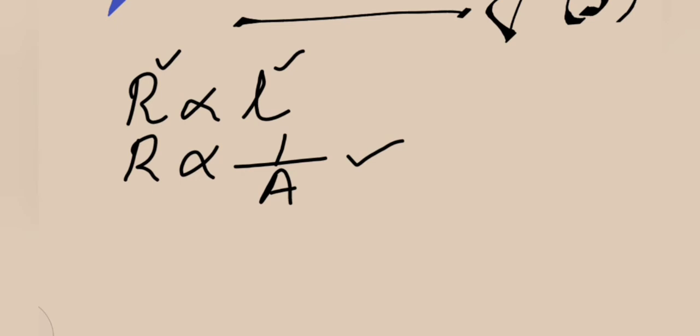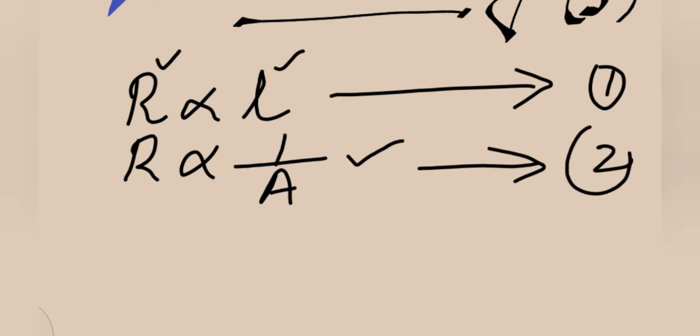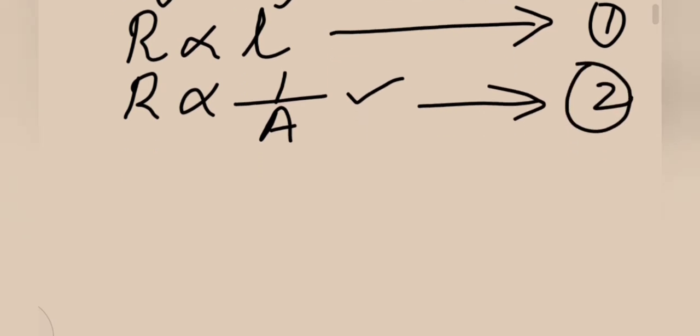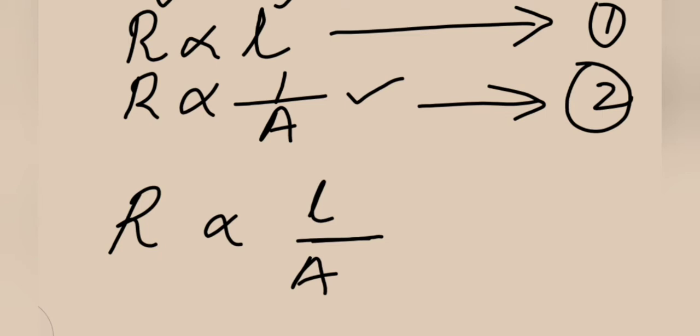From these two relations, relation number 1 and relation number 2, if you combine them, you can write the relation as resistance is proportional to length upon area. This is a proportionality relation, not an equation.